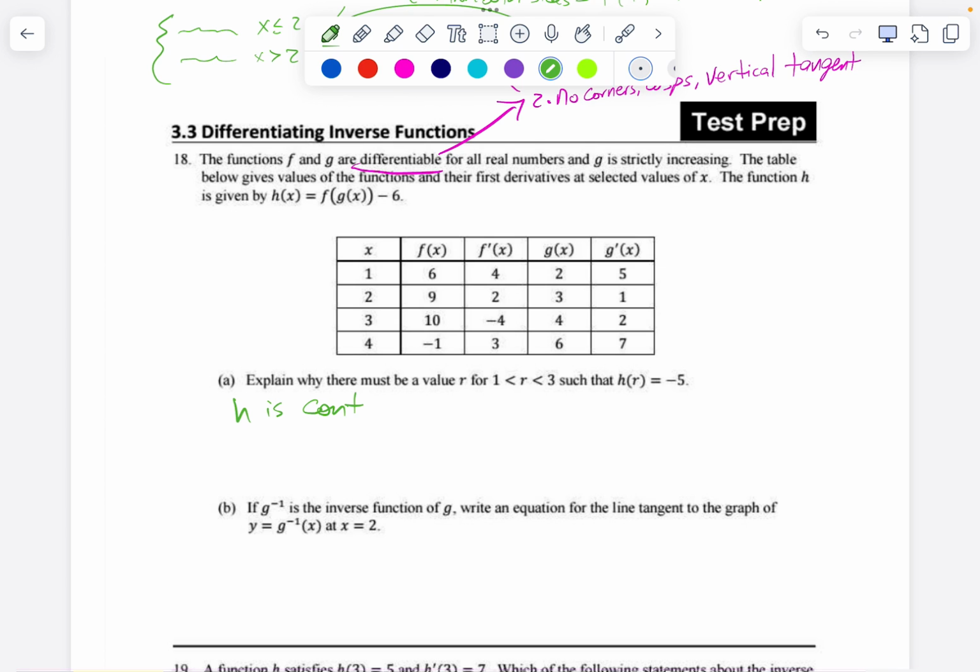I'm going to word it a little bit more technical than that. h is a continuous composite of two differentiable functions. Composite, meaning we're combining f and g.